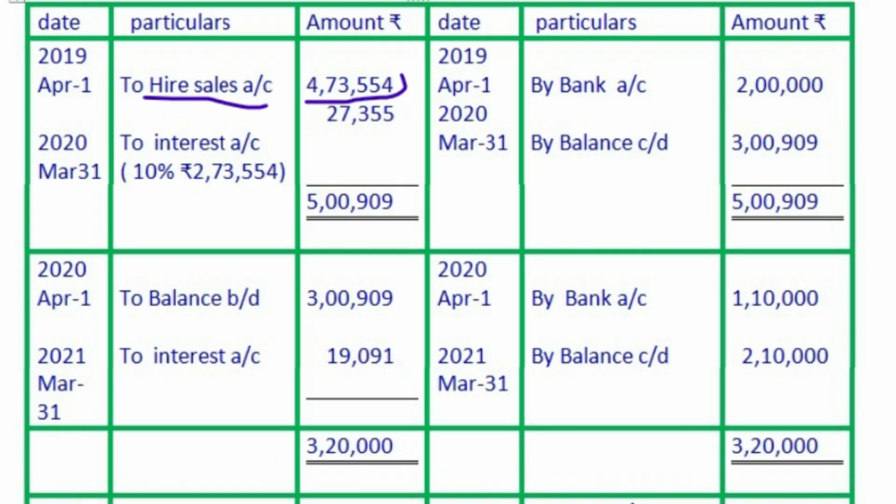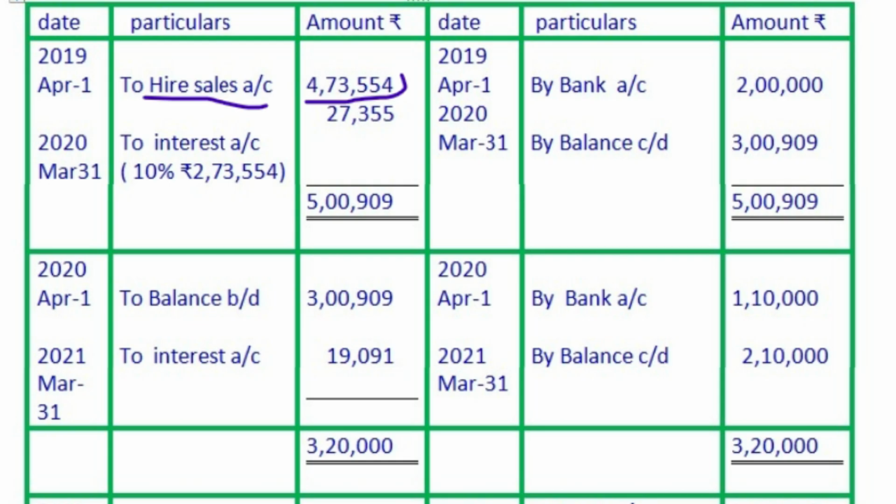4,73,554. In this connection, you must remember that when the hire purchaser purchases goods, for him it may be an asset, but for the seller it will always be ordinary sales.